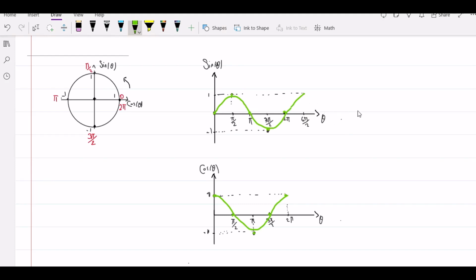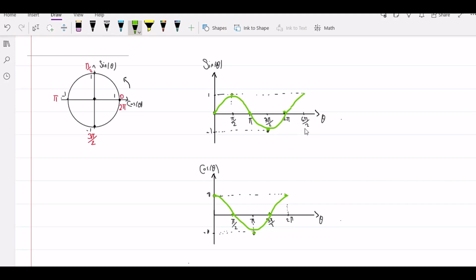You can imagine it. And also for the cosine, if we continue giving theta different values, this shape that you are already seeing here is going to be repeated. That's why sine and cosine are called periodic functions, because the shape is going to be repeated.